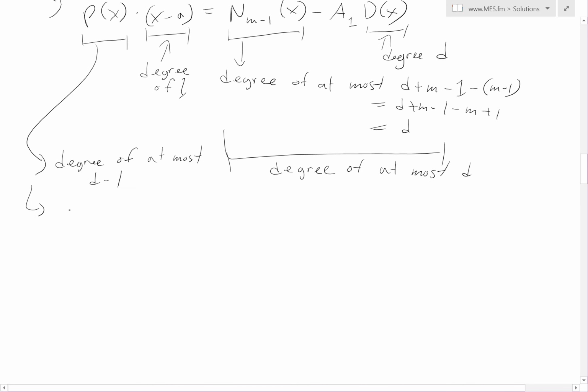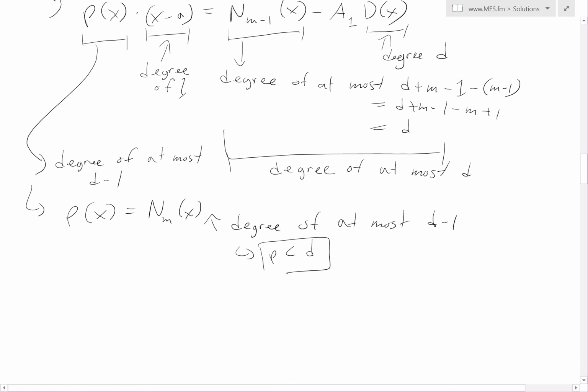So we could let p of x be equal to a polynomial n of x, and this has degree of at most d minus 1. So what we showed before is this also degree p, so p is less than d.